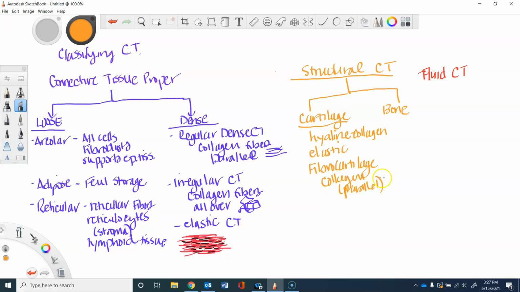But in there, you're going to see lacunae and chondrocytes. So chondrocytes are the cell for cartilage. So chondroblasts will secrete matrix. Chondrocytes will maintain the matrix. So those are the cells that are here.